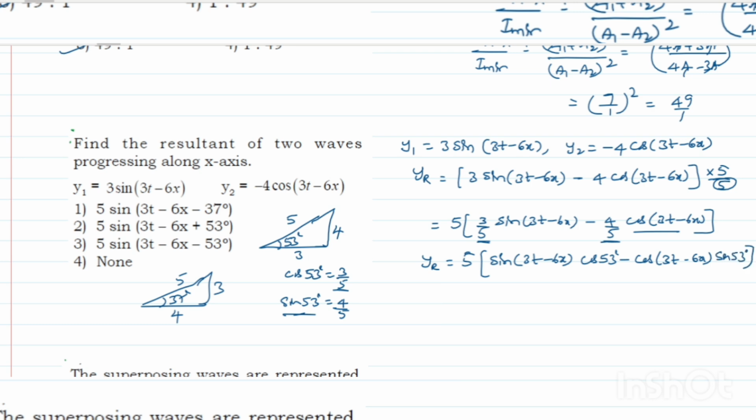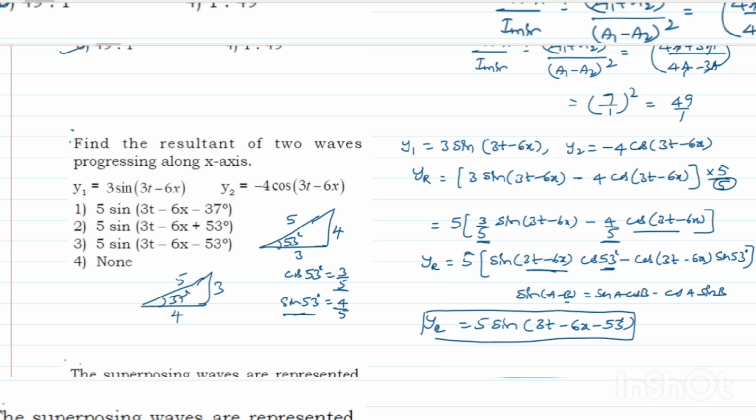So now the formula for sin of a minus b is sin a cos b minus cos a sin b. Instead of a it will be 3t minus 6x, and instead of b it is 53. Now I am rewriting this as 5 into sin(3t minus 6x minus 53 degrees). This is the resultant wave equation. So the third one is the correct answer.